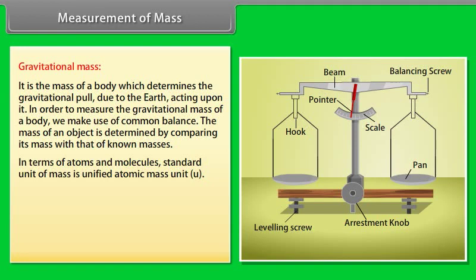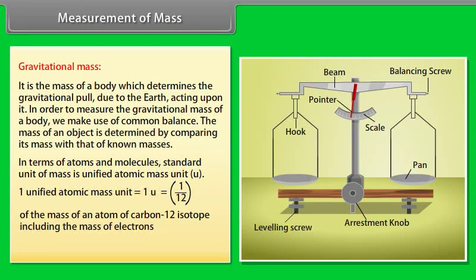In terms of atoms and molecules, the standard unit of mass is the Unified Atomic Mass Unit, that is u. 1 u is equal to 1/12 of the mass of an atom of carbon-12 isotope including the mass of electrons, equal to 1.66 × 10^-27 kg.